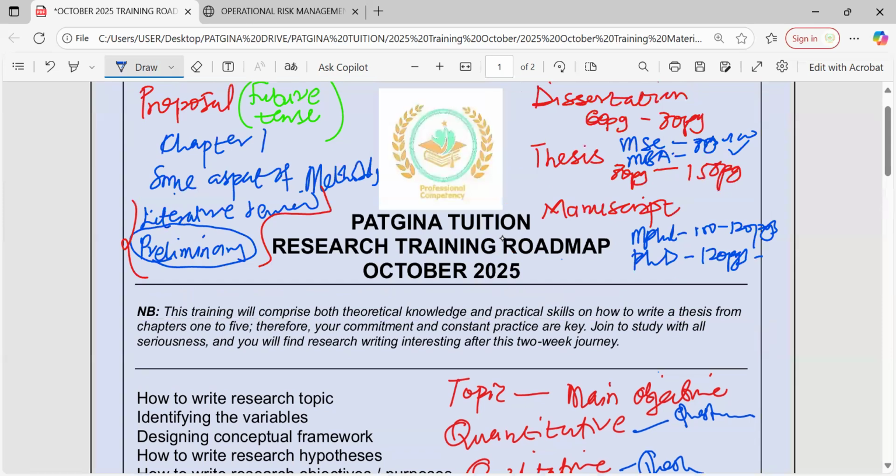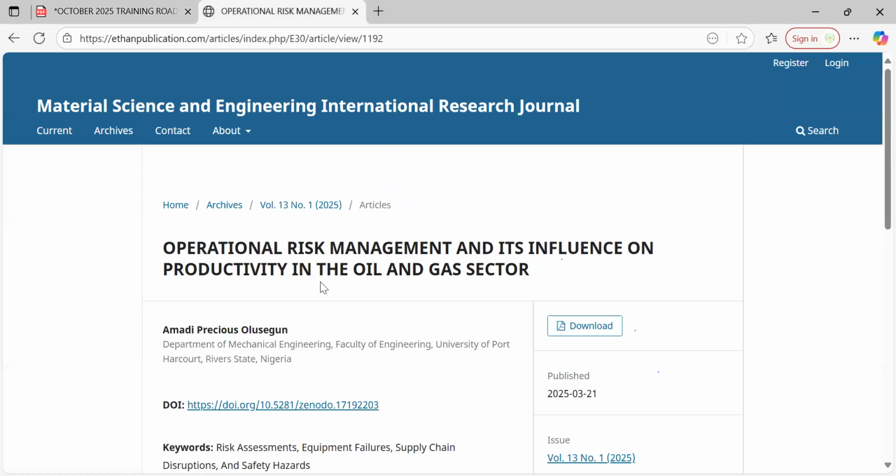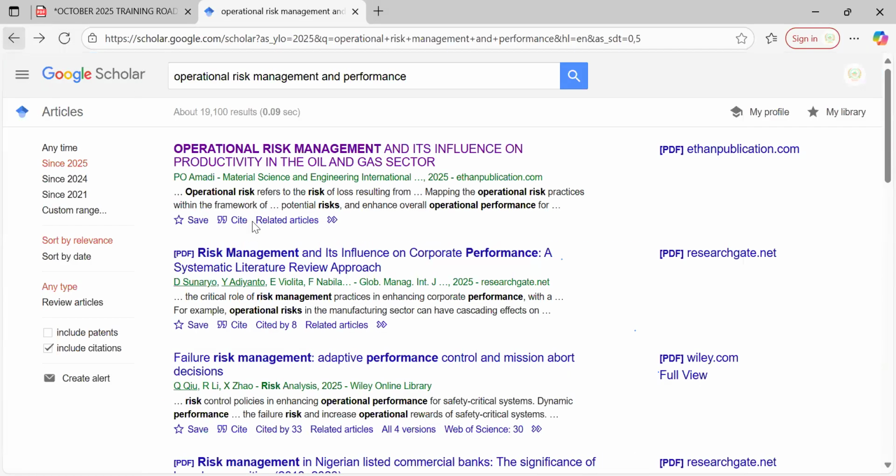Let us take note of that. Don't miss this one. I've told you when you want to do research, it starts with finding a topic. And after finding a topic, you must know that the person was focusing on this area. At times, you can even do the same research in Nigeria, the same way the person did it in Ghana.